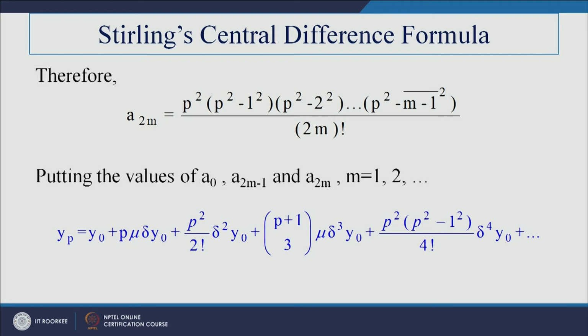So putting all these values, we can obtain this Stirling's central difference formula as yp equals y0 plus p mu delta of y0 plus p square by 2 factorial delta square of y0 plus p plus 1 3 mu delta cube of y0 plus p square into p square minus 1 square by 4 factorial delta to the power 4 y0 here, plus up to a finite number of terms, wherever we want to truncate the series. So up to that term we consider in the series expansion.